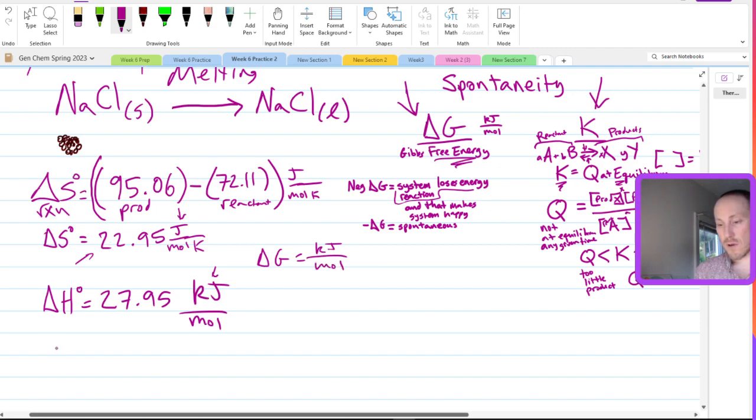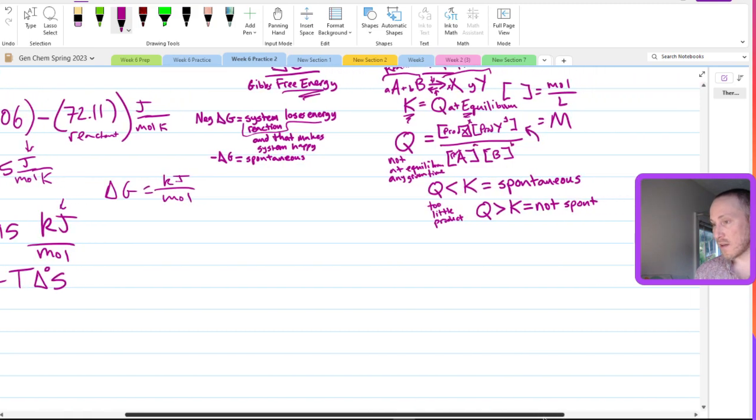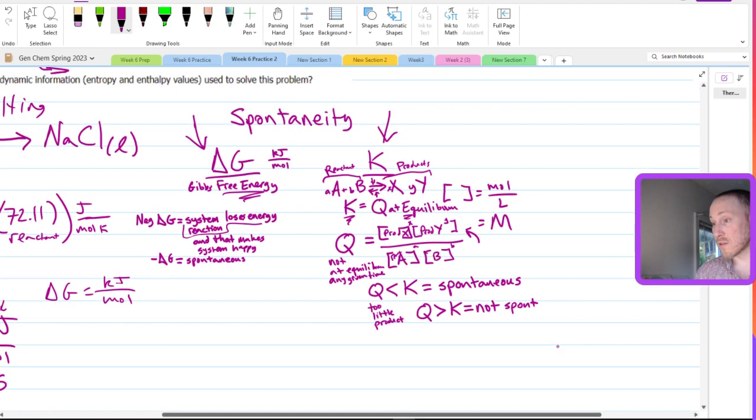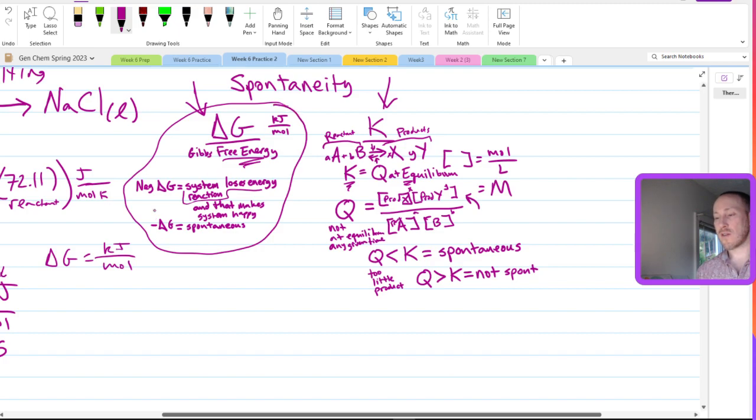So speaking of delta G, remember that our delta G is going to equal our delta H minus our temperature in Kelvin times delta S. And we've already foreshadowed how we're going to know if this is spontaneous or not. If it's spontaneous, it will melt, and if it's not, it won't. We'll know if it's spontaneous or not from this route, where if we have a negative delta G, it's spontaneous.